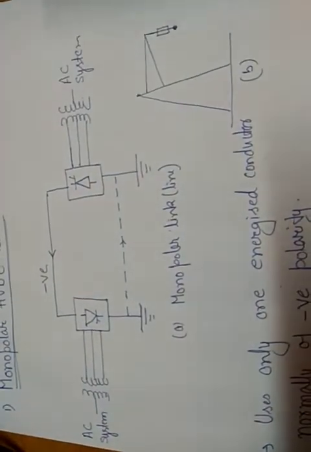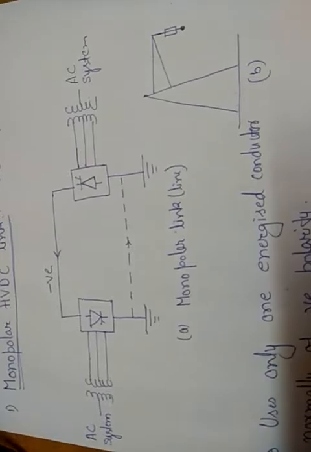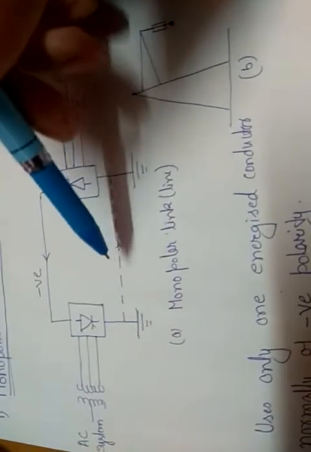When power returns through this ground path, it will induce voltages in those metallic bodies, which may cause corrosion. So these metallic bodies will get corroded as well. That is a disadvantage. The second disadvantage is that if the ground return is through the sea, some water body or lake, it can affect the aquatic life as well. So these are the disadvantages of using the ground.